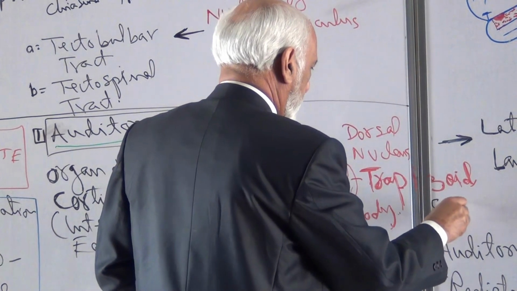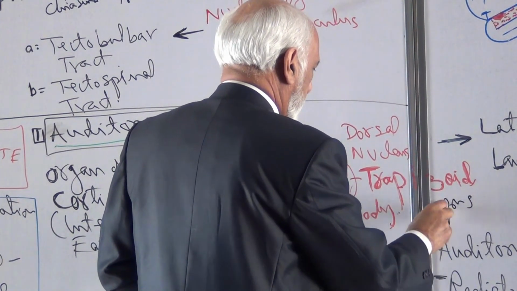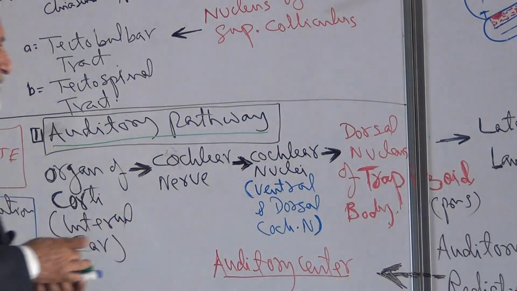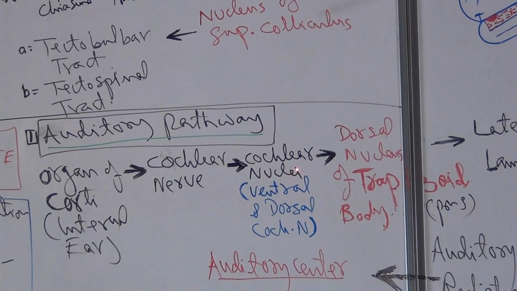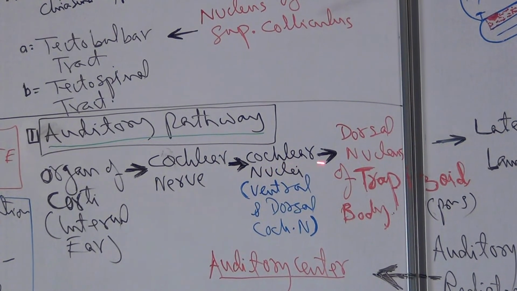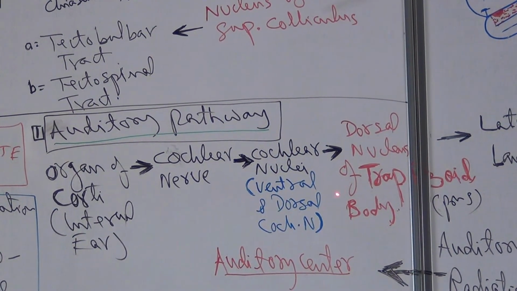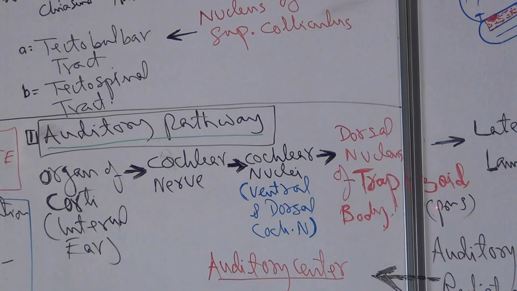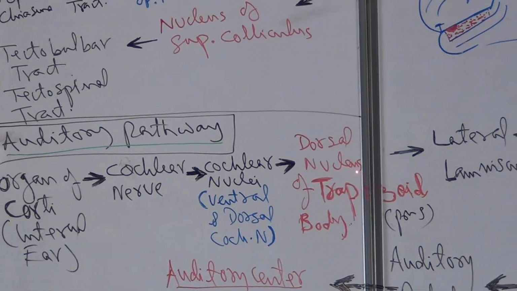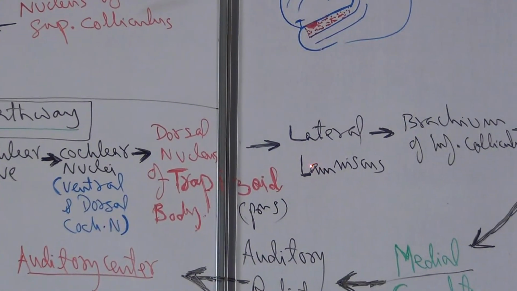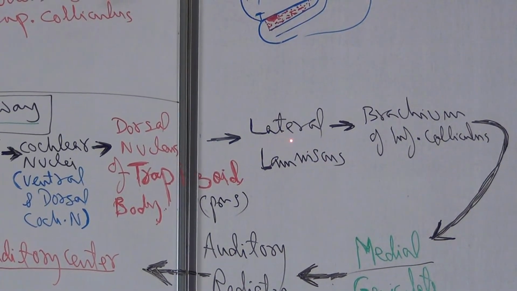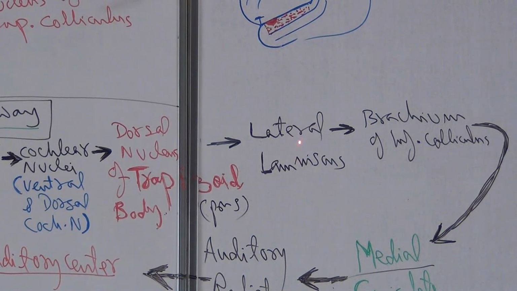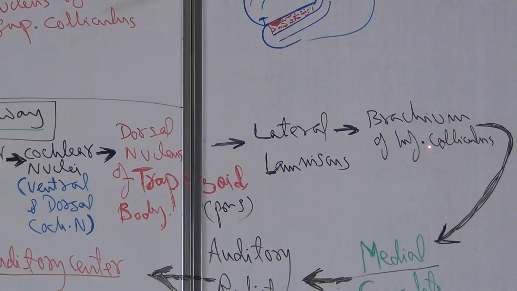In the lower part of the pons, there is a structure known as the trapezoid body having nuclei. So the fibers of the cochlear nerve nuclei relay in the dorsal nucleus of the trapezoid body located in the lower part of the pons. From here, a tract arises known as the lateral lemniscus. The fibers for the auditory pathway from the lateral lemniscus enter the brachium of the inferior colliculus.